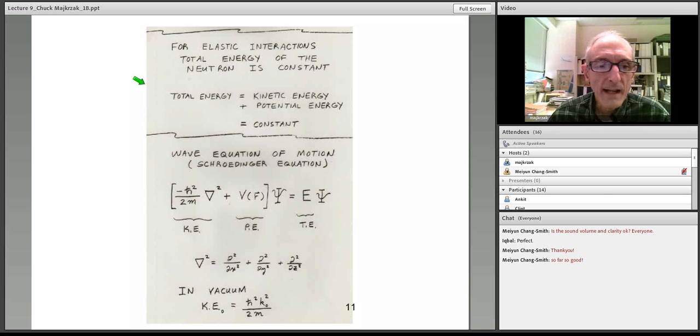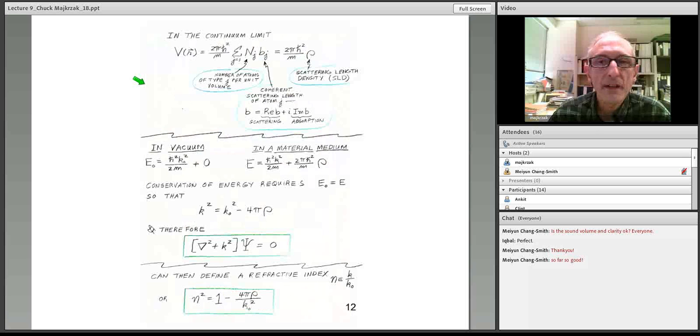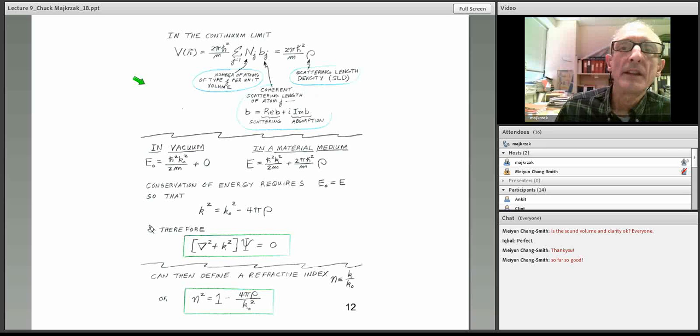And we have a potential that's described in this continuum limit by the sum of the products of the number of atoms of type J per unit volume times the characteristic scattering length, and the product of which is a characteristic scattering power or scattering length density.